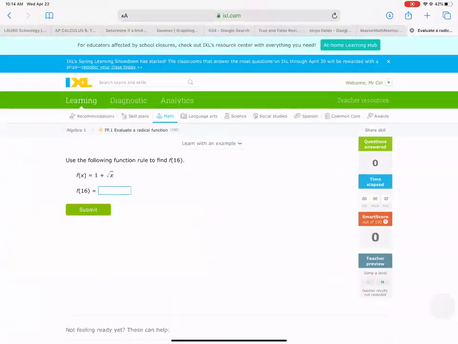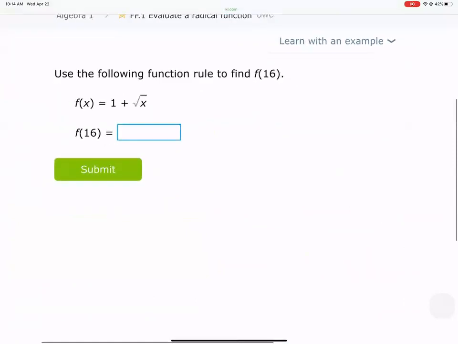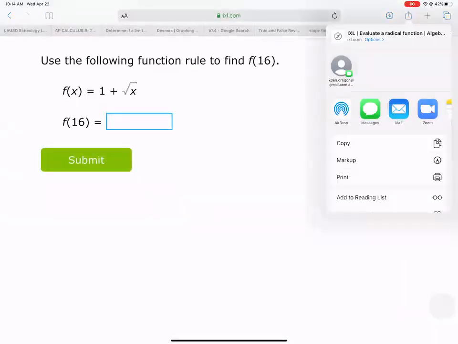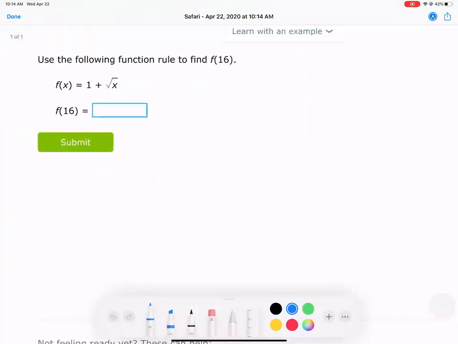If you look at what we have here, this looks kind of confusing in this function notation. This is the setup here. Let me see if I can write on this. Good. So we're going to say x is now 16, so all your x values, we're going to plug 16 in.